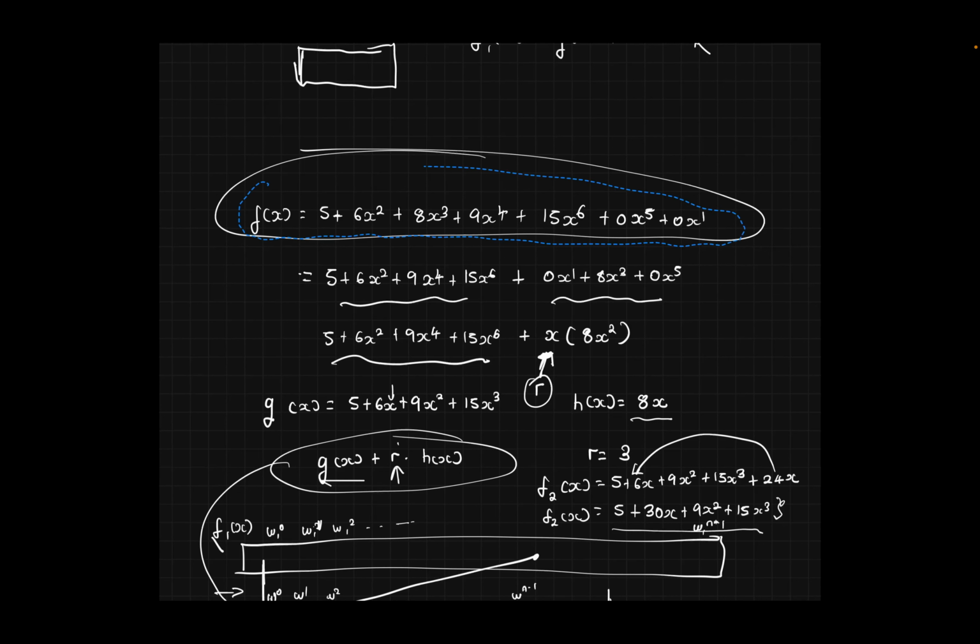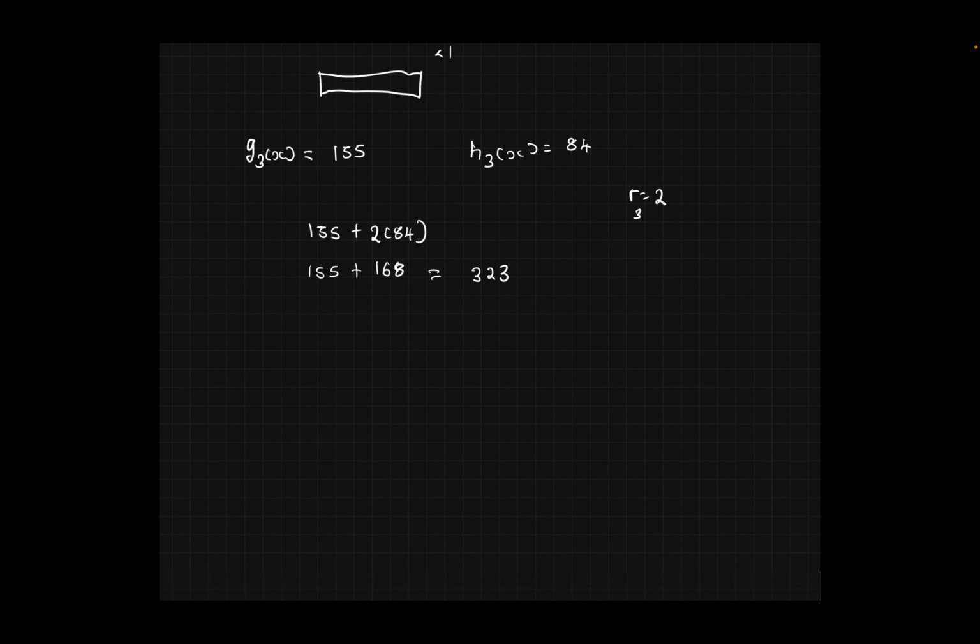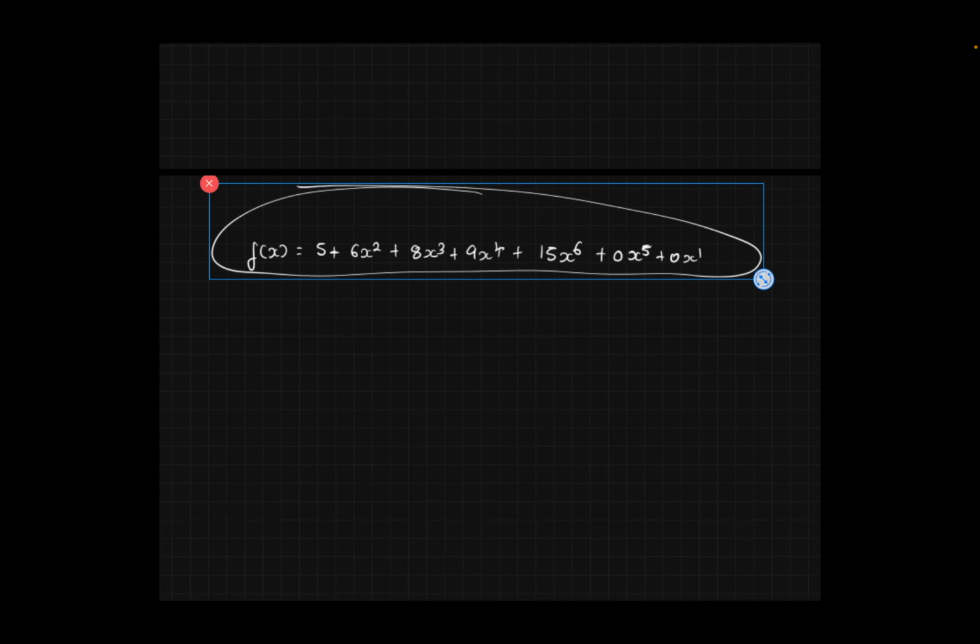So you said this is the evaluation form. Yeah, when you're actually implementing, it's going to be in evaluation form. I'm just explaining in coefficient form. It depends.